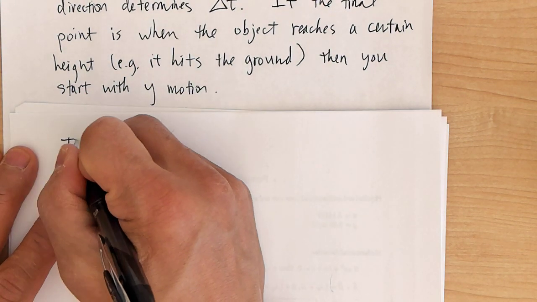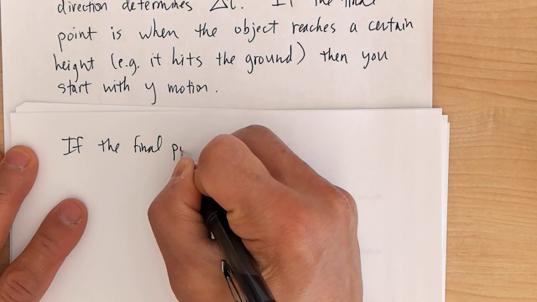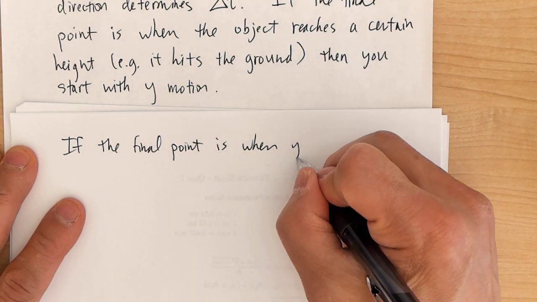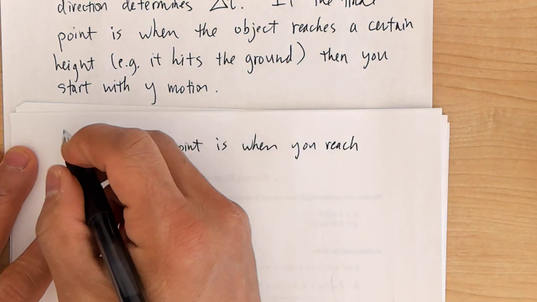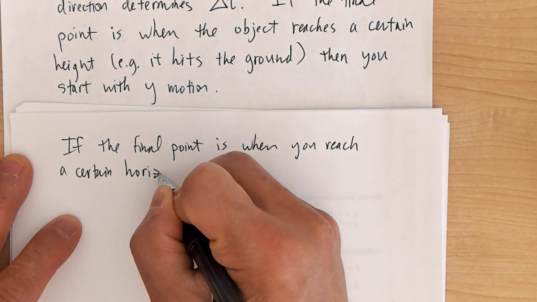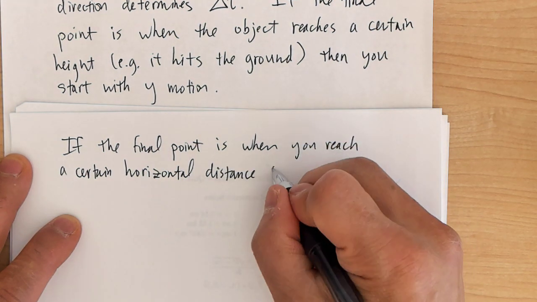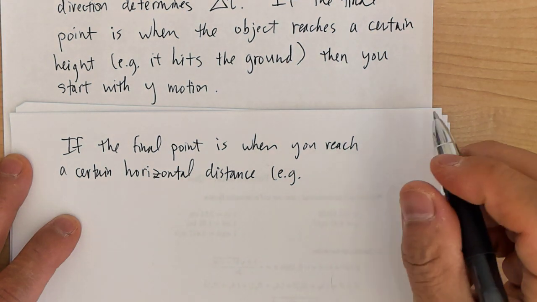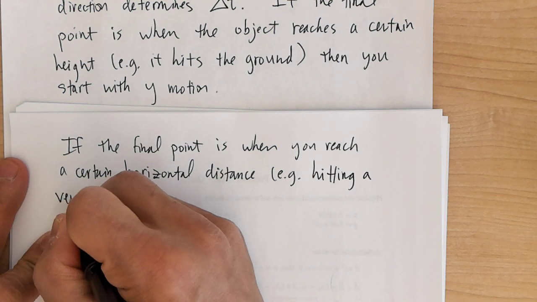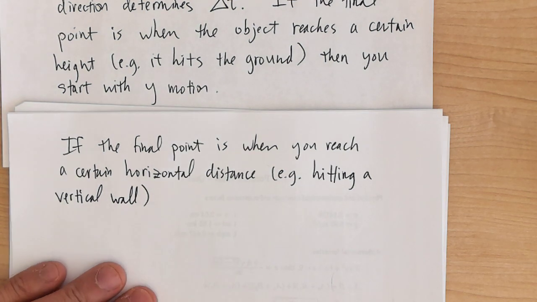But you may have another kind of problem, if the final point is when you reach a certain horizontal distance, and let me give you an example. One example would be hitting a vertical wall. At that point you stop the clock when it hits the vertical wall.